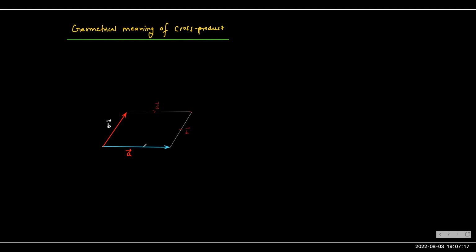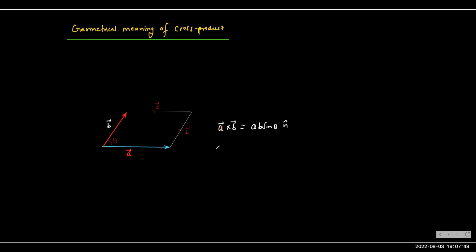So if the angle between the vectors A and B is theta, okay? So what is the A cross B value? A cross B. So by definition it was AB sin theta n cap. And n cap will be towards us because I'm considering A and B in this plane, the blackboard.